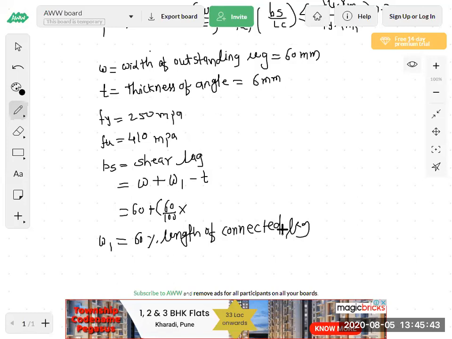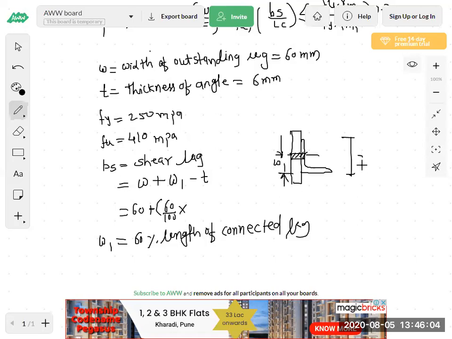Connected leg means, see, this is the gusset plate. To this gusset plate we have connected the angle, and this 60% length is W1.